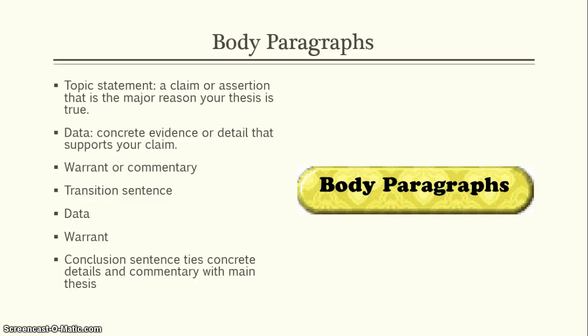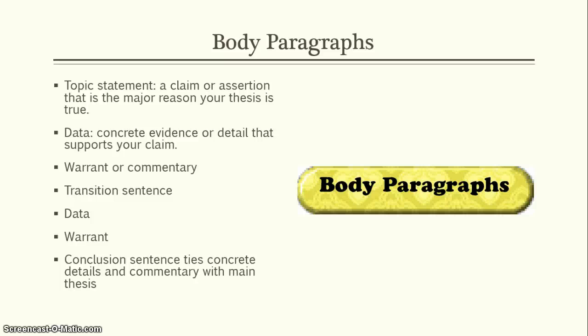So you will address both sides of your issue in your argument. Your first claim will be your argument for your thesis, backed by your data, and then commentary that states how your data backs your claim. You'll have a transition sentence into your next data. This data or evidence is the rebuttal of the counterclaim. So your transition will draw into the counterclaim of your thesis.